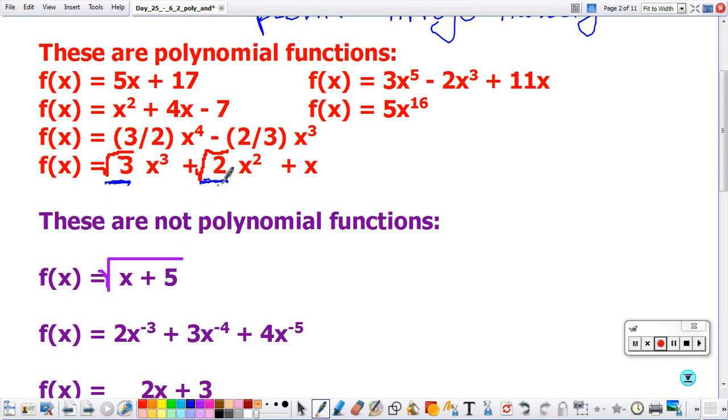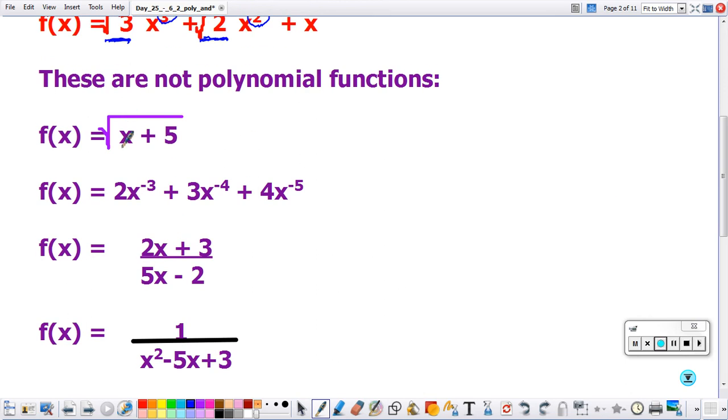The coefficient can be any number, but the exponents have to be whole numbers. So there's a 1 here. Now in the non-examples, you have a square root over the pieces of this binomial. We have negative exponents. We have a fraction of the variables, or variables in the denominator. So none of these are polynomials.